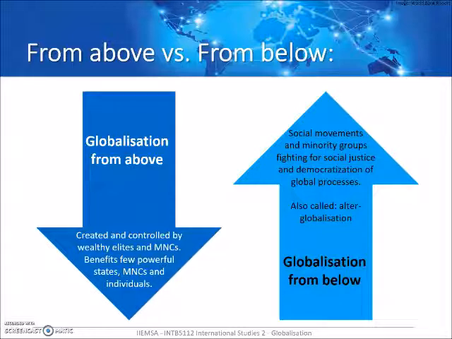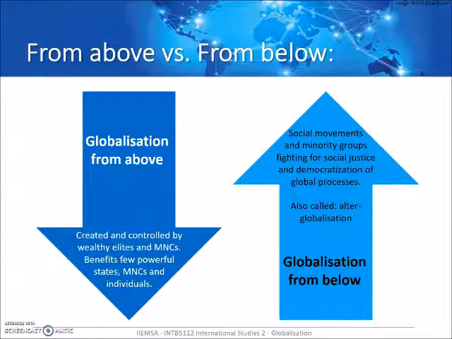And we see quite a lot of evidence in the world of this, right? I mean, we see a few powerful countries controlling a vast amount of the world and of international trade. We see a few multinational corporations that have an immense amount of wealth, that have an immense amount of power. And we also see a few rich individuals that have very powerful positions in the world, right? So this is one way of seeing globalization, that it's really driven by economics and by the wealthy elites and the multinational corporations.